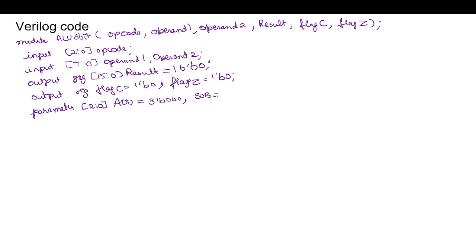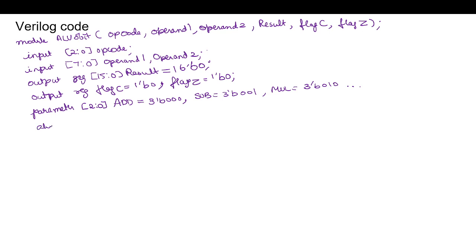My SUB is 3'b001. MUL equals 3'b010. In the same way, the other operators.